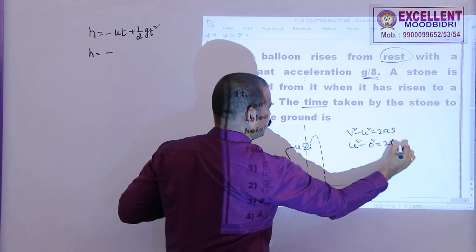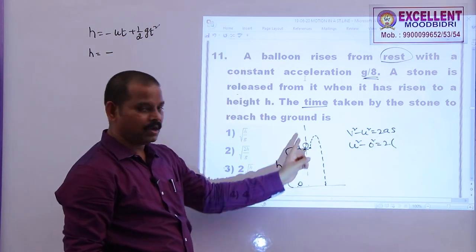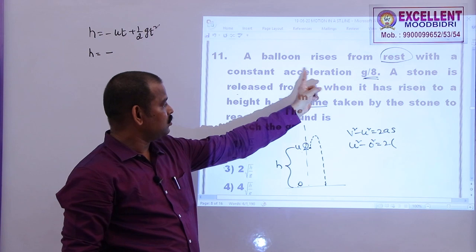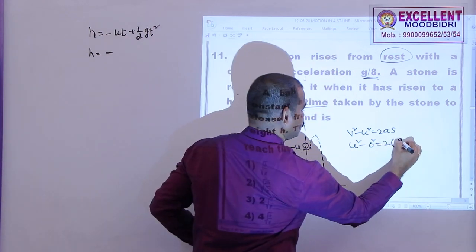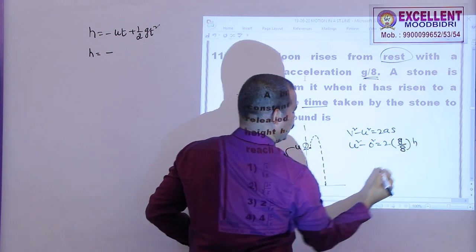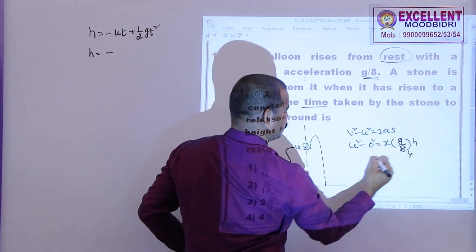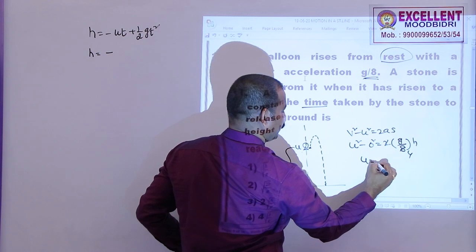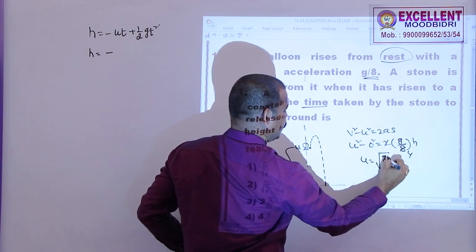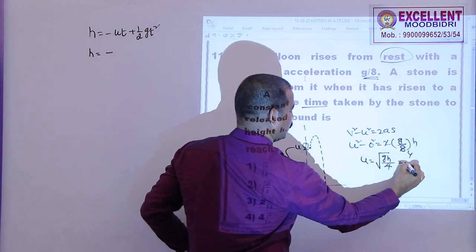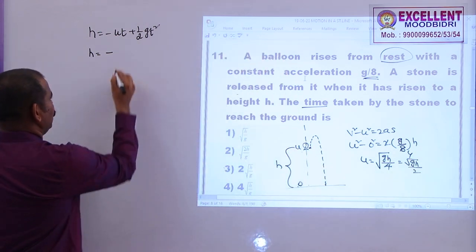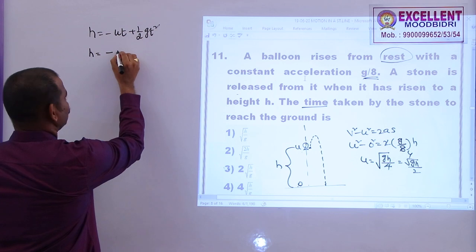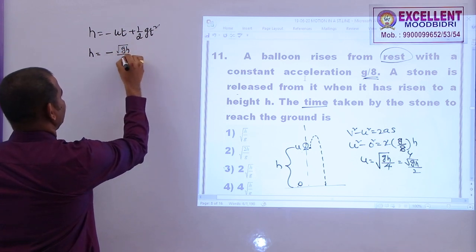Even though the body is going up, it has a constant acceleration of g/8, not minus g/8. So take 2 times g/8 times h. The 2 gets cancelled. So u will be root over gh/4, or simply root gh/2. This is the velocity with which the stone is thrown.